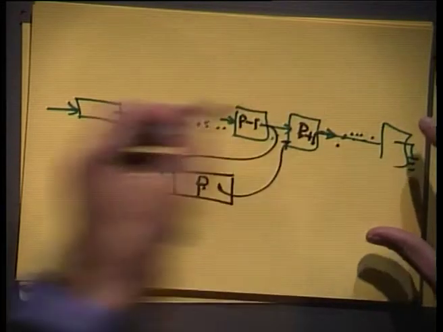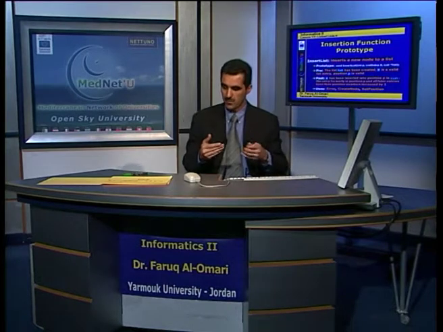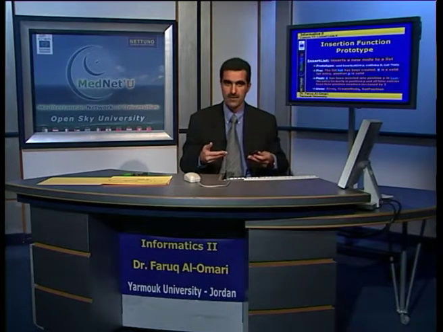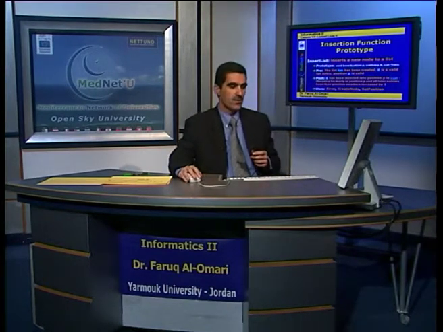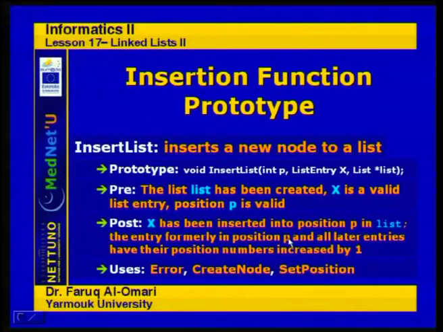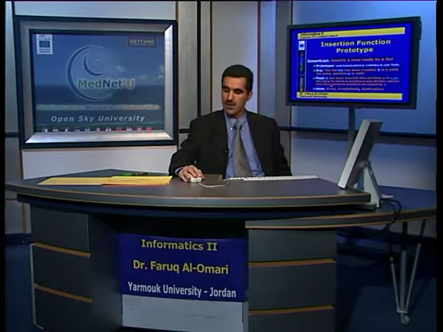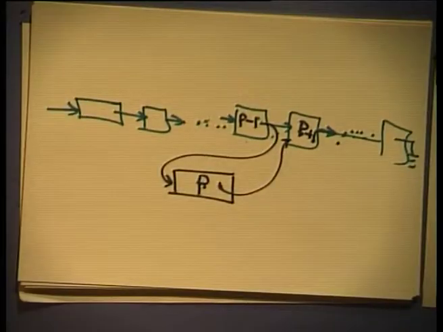Okay, and the total number of nodes in the list is now one extra than the previous case. So whatever node I had previously at position P is going to be at position P plus 1, and so forth for the rest of the nodes in this part of the list.